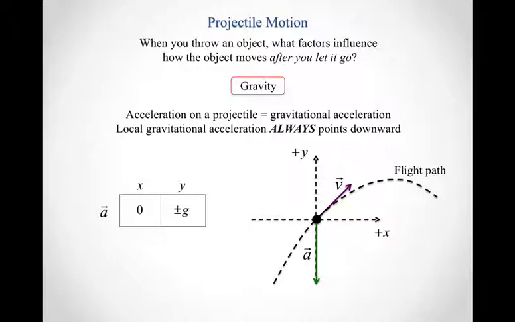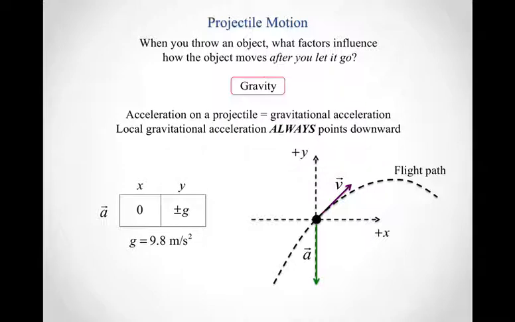We know the x component will always be 0 given this choice of coordinate system, and the y component can be either positive or negative depending on whether you let up be the positive y direction or down be the positive y direction, but the entire magnitude of little g is going to be in that y component. And so you're going to have g equals 9.8 meters per second squared, and whether that's positive or negative is going to depend on whether you let positive y point up or positive y point down.